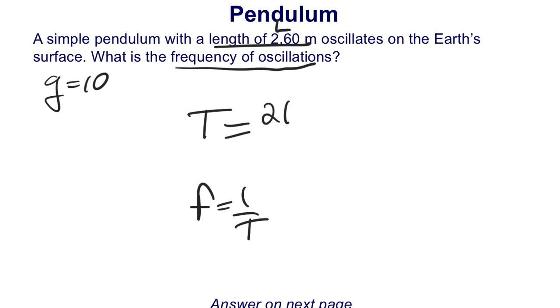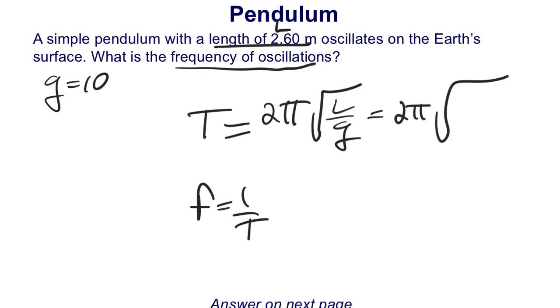So this is 2 pi square root of L over G, so 2 pi times the square root of 2.6 divided by 10. What I get is the period to be 3.2 seconds.